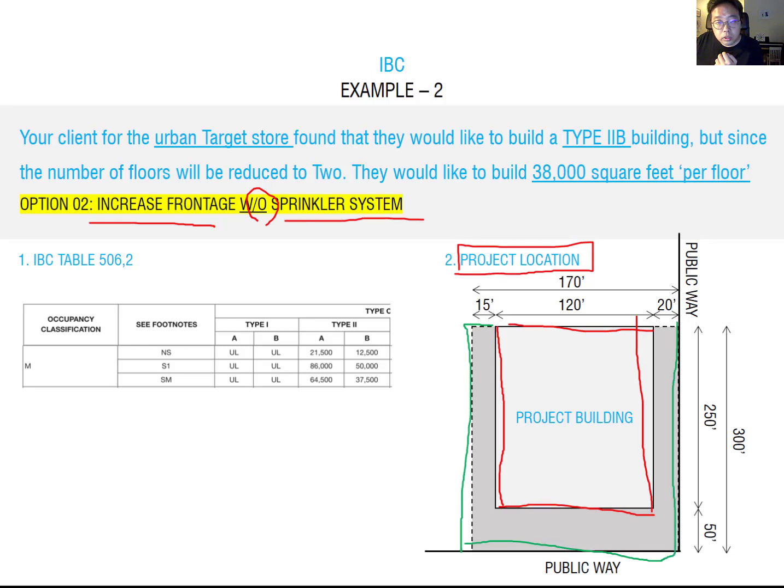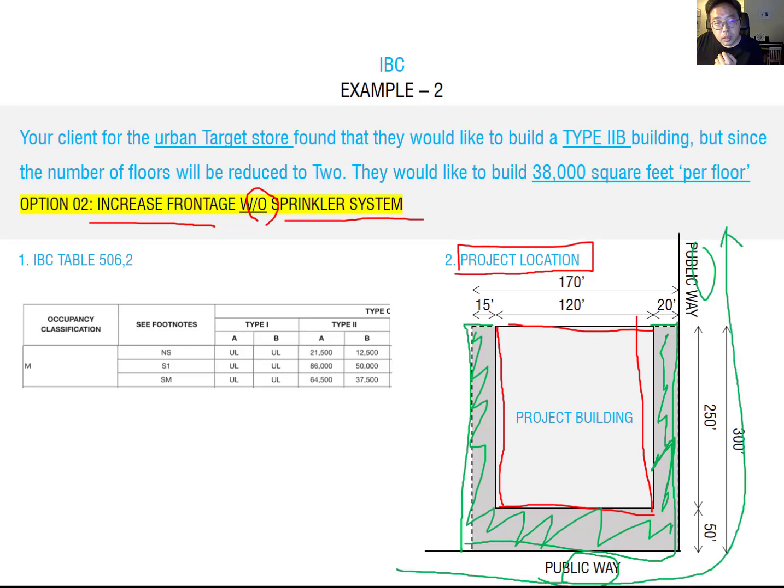This is the property line, meaning this darker gray zone is totally open. You also have to know where your public way is. The public way is here and here, simply following this part. So this is the project condition used to calculate the building frontage.